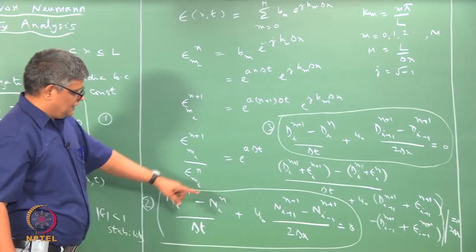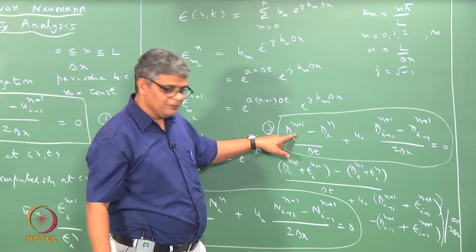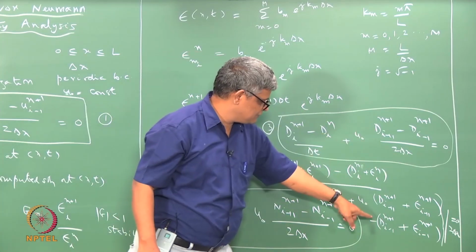Now we can club all these D's together and we will be getting this, and this whole thing is equal to 0.